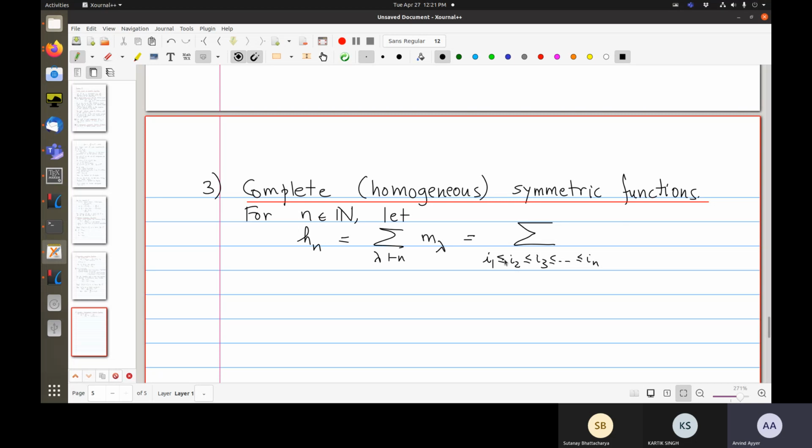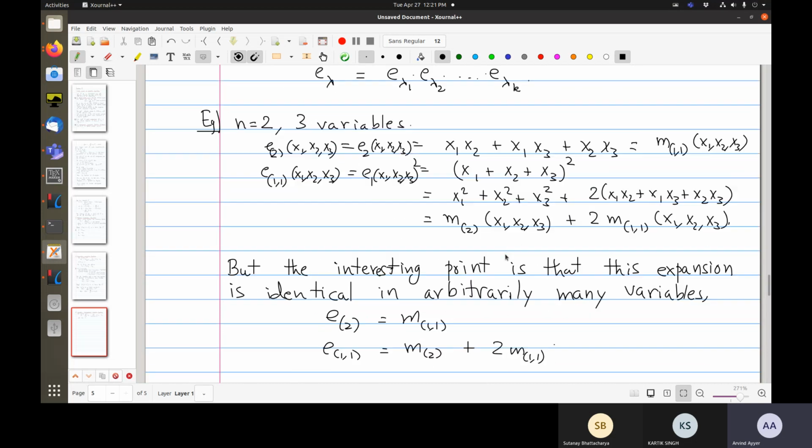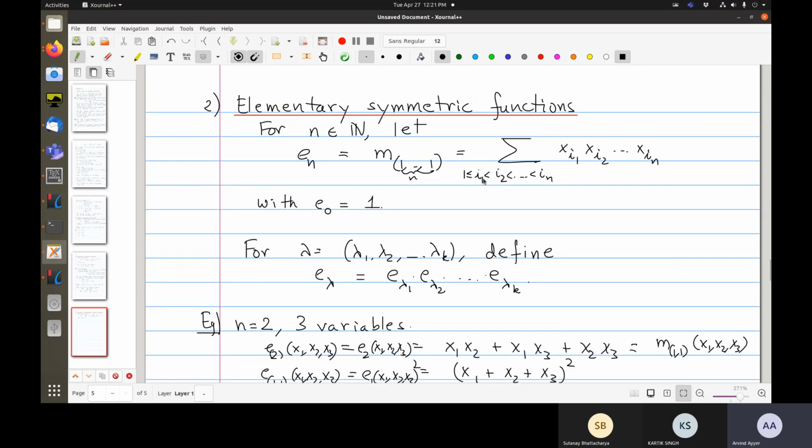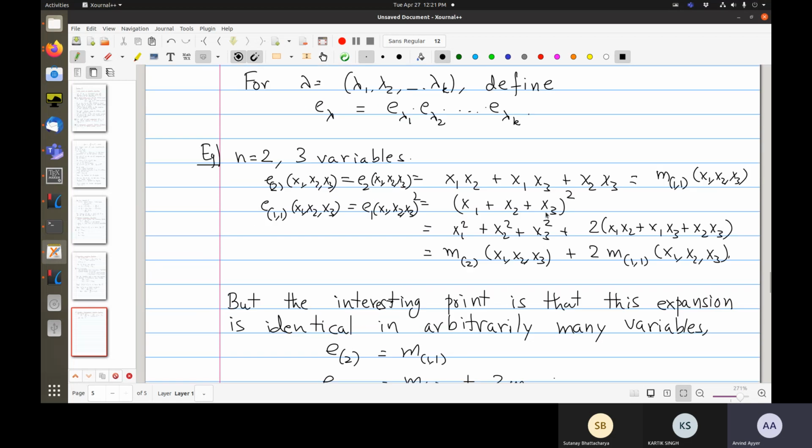Okay, so let me finish. So this is x_{i1}, x_{i2}, etc., with h0 again equal to 1. If you compare with the elementary symmetric functions, you see that there it was i1 less than i2 less than up to in.